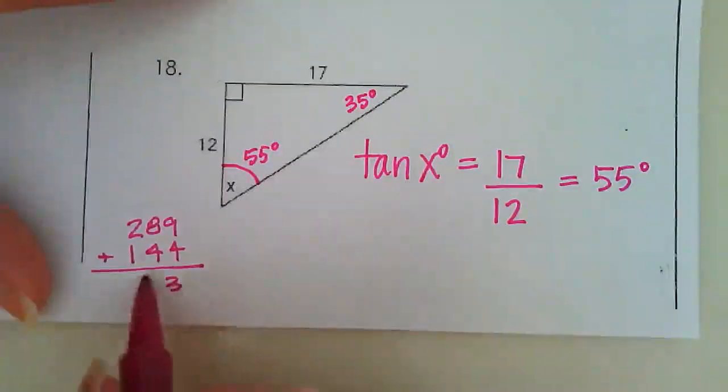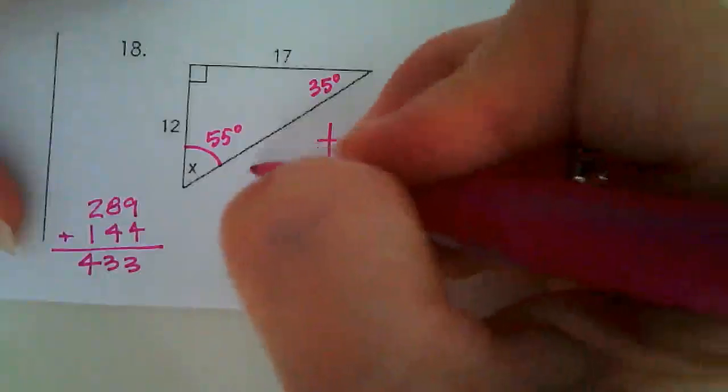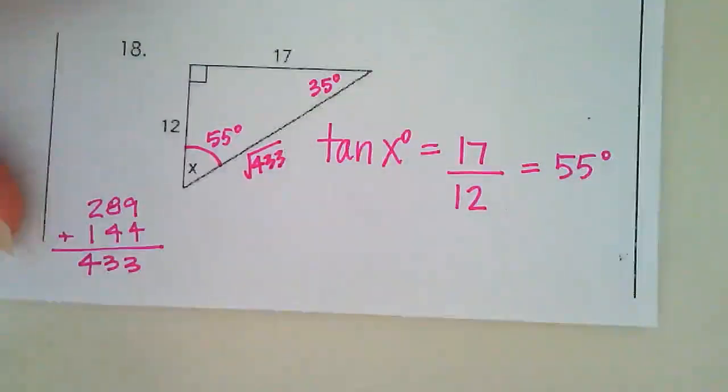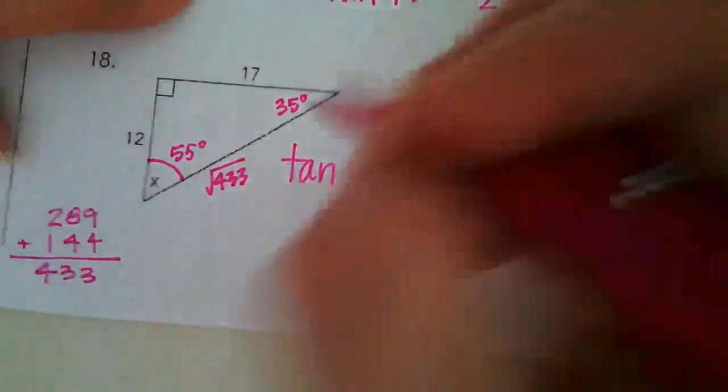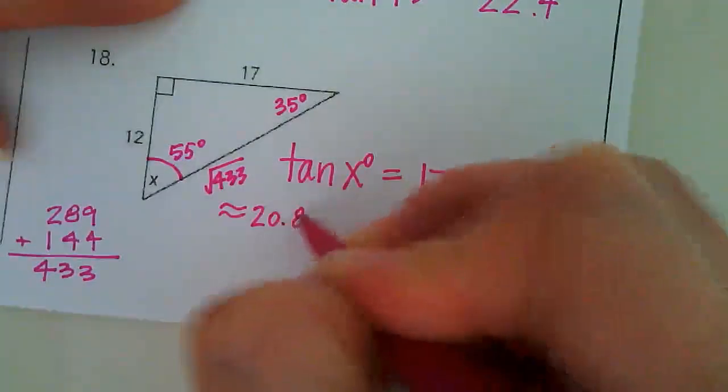We add those together and get 433. So this side right here is the square root of 433, which is about 20.8.